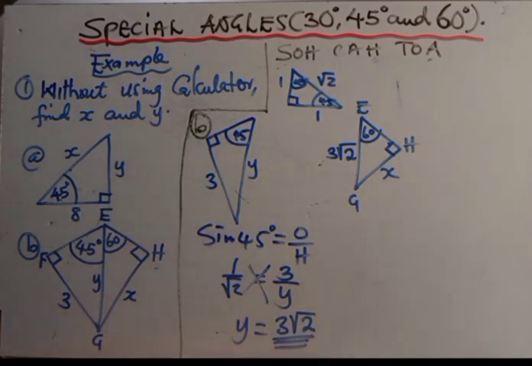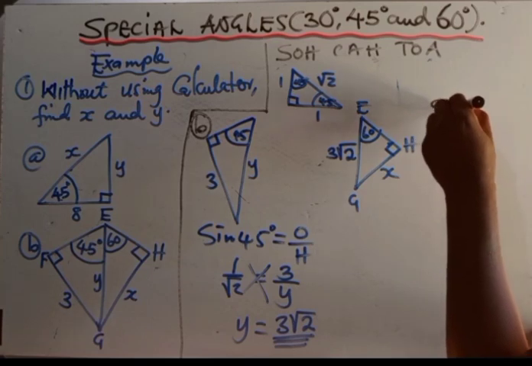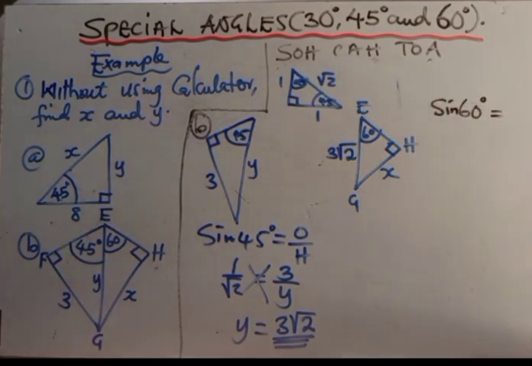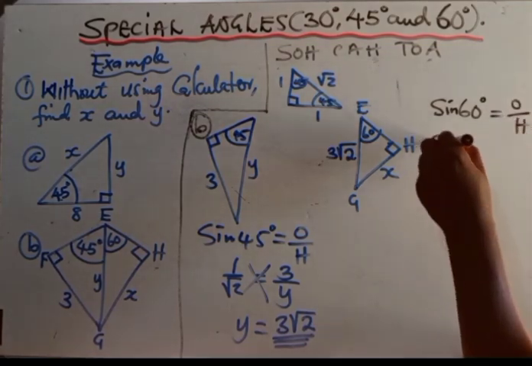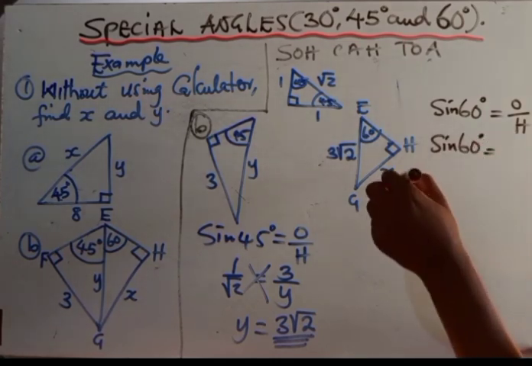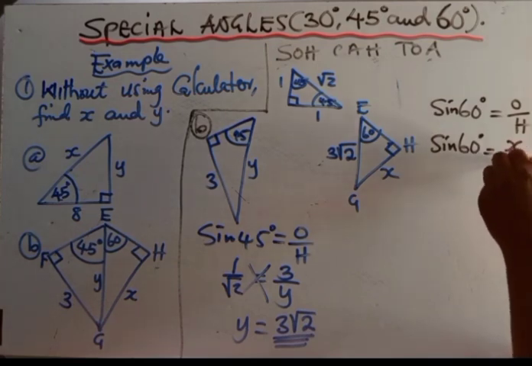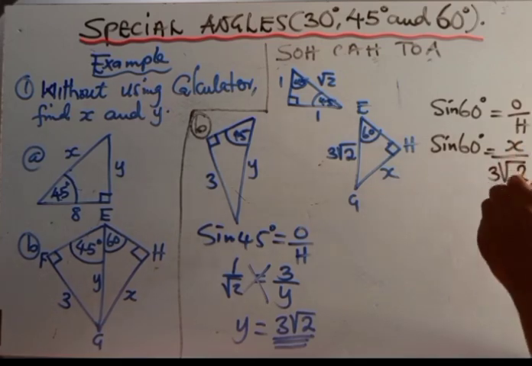So we say sine 60 degrees is equal to opposite over hypotenuse. Our opposite is x. Our hypotenuse is 3 root 2.